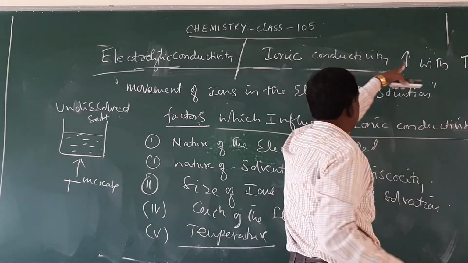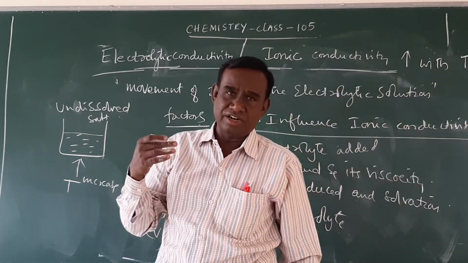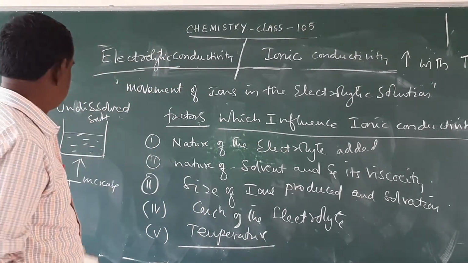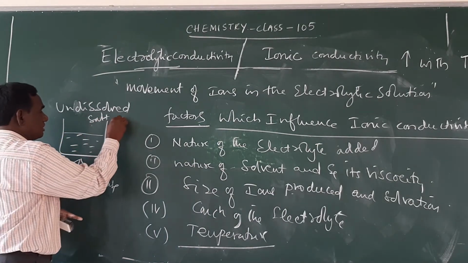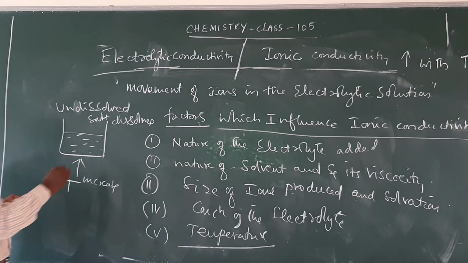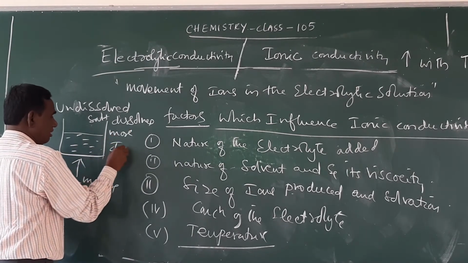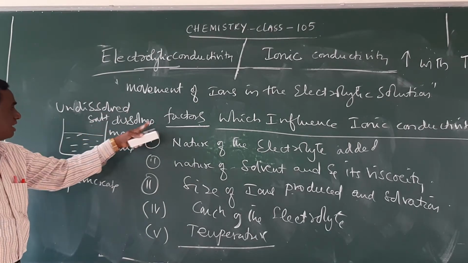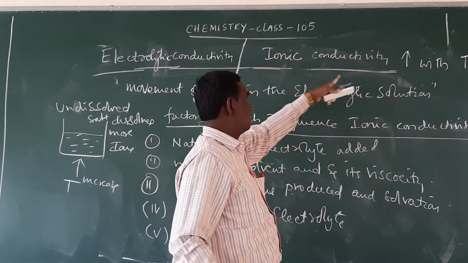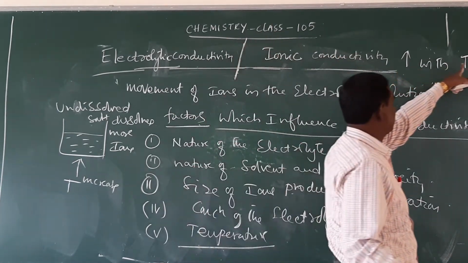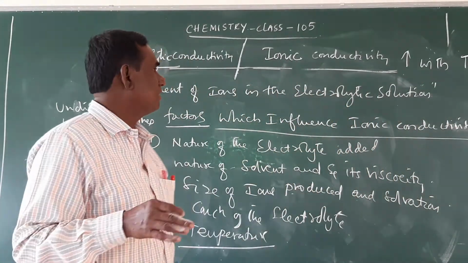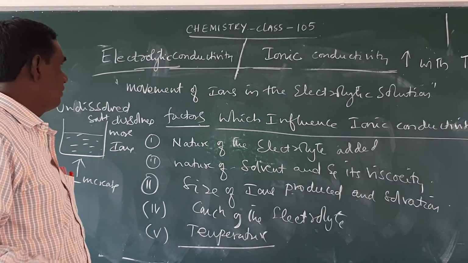As the temperature increases, undissolved salt dissolves, giving more number of ions. Therefore, movement of ions leads to ionic conductivity. So ionic conductivity increases with temperature. That is how we can understand the concept of electrolytic conductivity, ionic conductivity.